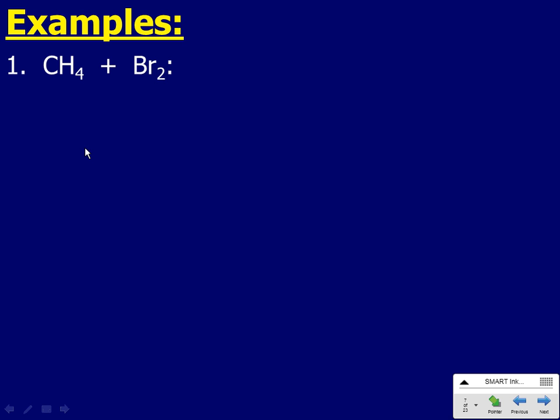I'm going to just draw out a little structure for CH4, with C, H, H, H, H. And in this case, the structure of bromine is not important, so I'm just going to write Br2.